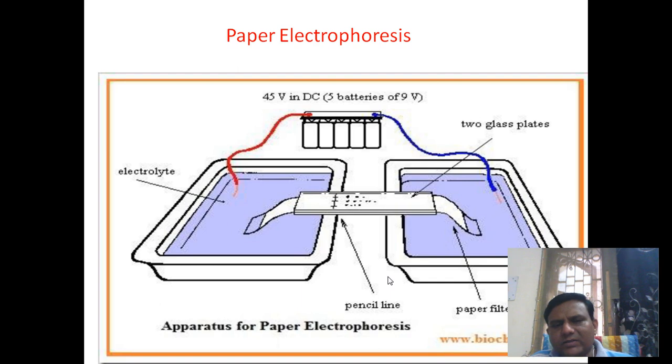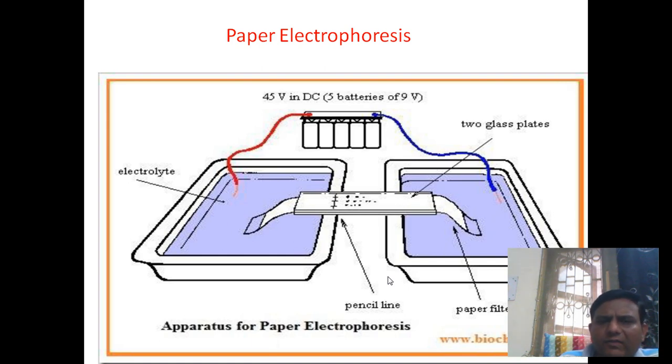Depending upon the different chemical nature, charge, size and shape, your molecules differentially interact and adsorb on the surface of the paper. That's why different types of molecules migrate toward the opposite charge electrode with different speeds, and on the basis of that we can separate different molecules from a mixture. This is the basic principle of paper electrophoresis.